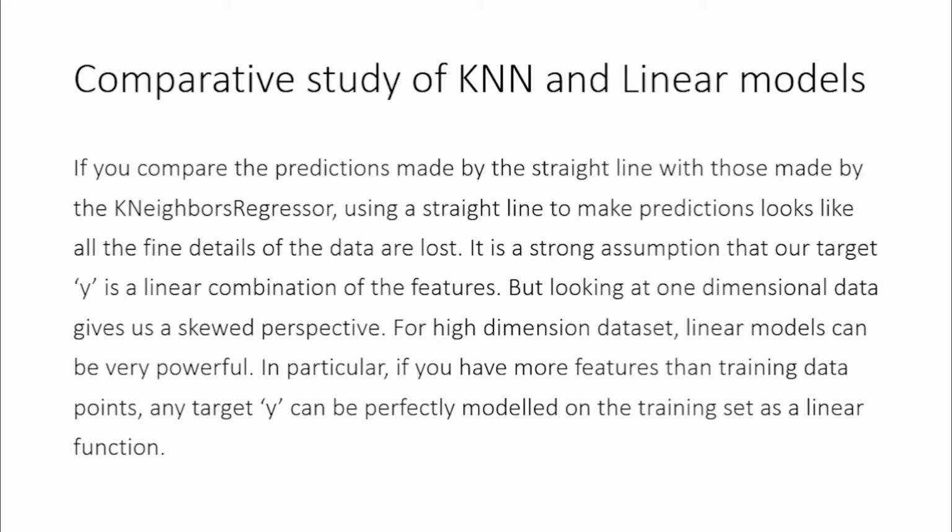So for one-dimensional data, that is, a data set having just a single column of input features, you can lose out on a lot of the detail of the data, okay, because there are errors. But when we consider a high-dimensional data set, it averages out and we get a much better performing model compared to KNN, right? So this is how linear models are advantageous compared to KNN when we are talking about high-dimensional data sets.